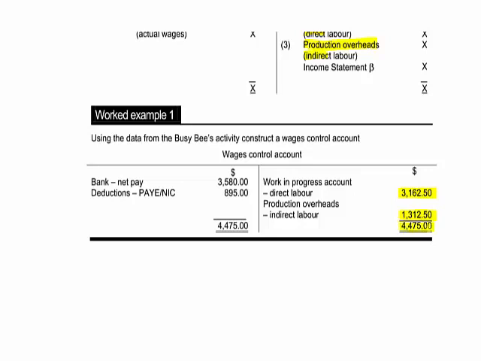So the total spend on labour for that period was $4,475. We need the same figures on the debit side, and that will be split out between the pay to employees and the amount that's paid in taxes as deductions. You won't need to worry about how to calculate that split of deductions. It will be given to you in the exam.